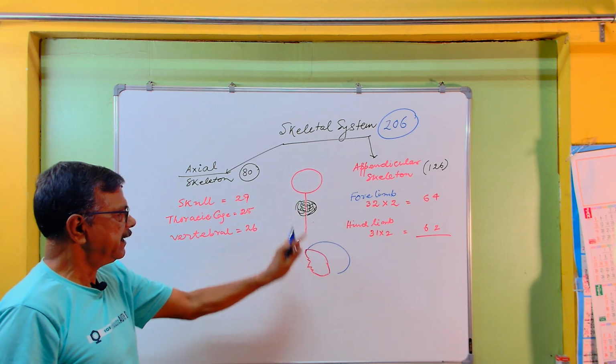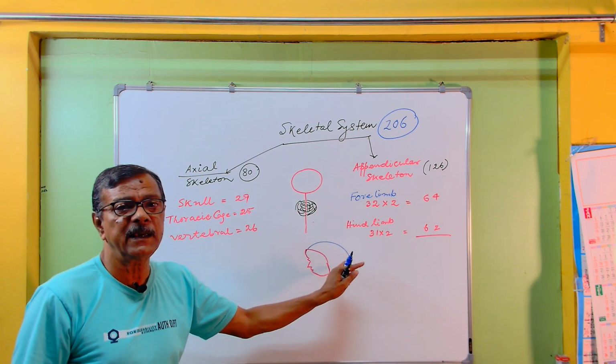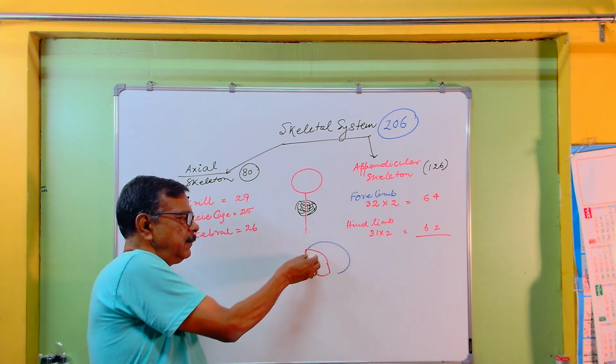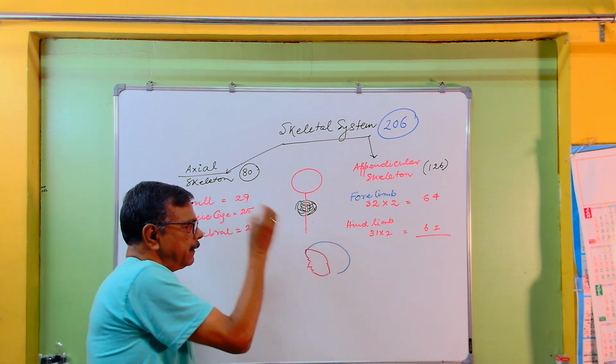So the skull can be divided into the face and the skull itself, or the brain, or the cranium. We'll go into the detail of the cranium first, then we'll go to the face, one by one.